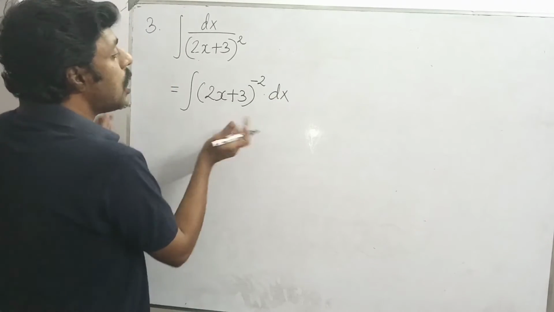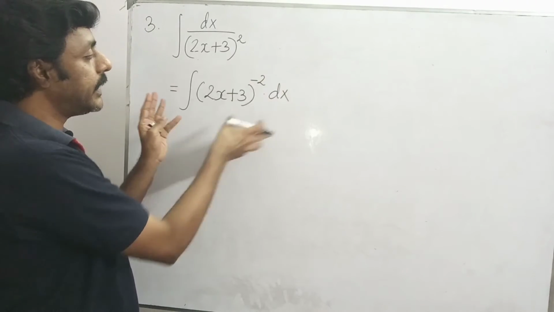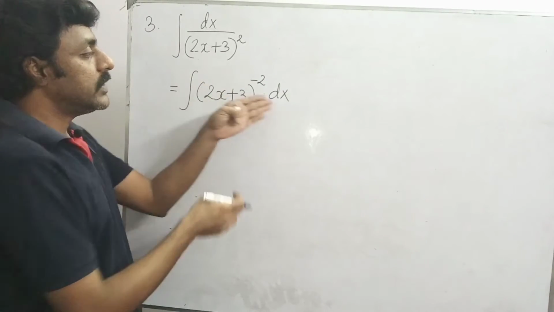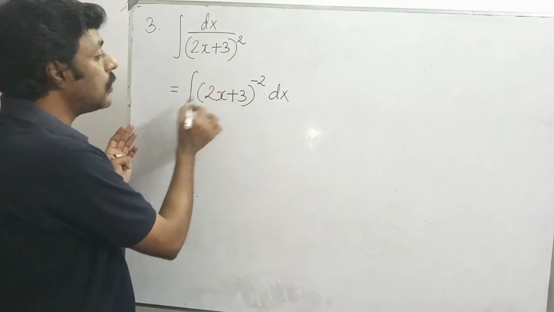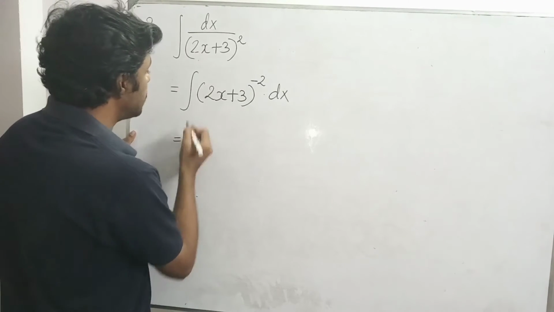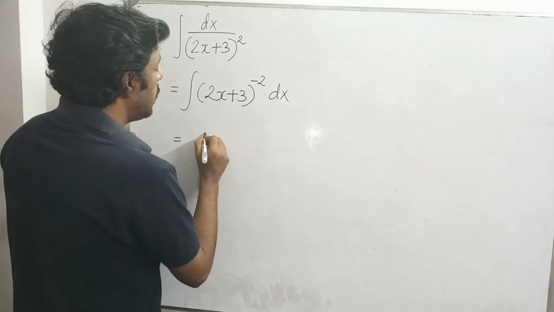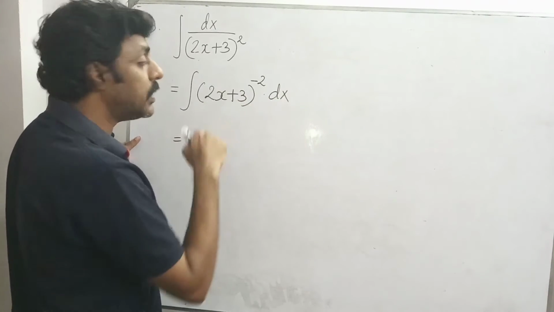Now I have made the entire term along with the integral, with respect to x, into the integral of x power n into dx form. So now the next step: the integral of x power n into dx will be x power n plus 1 divided by n plus 1.